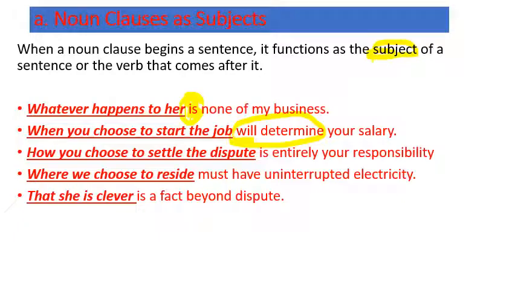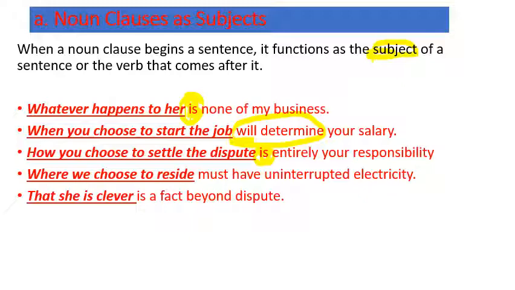I hope it's clear for you. The next one: how you choose to settle the dispute is entirely your responsibility. So you see that when the noun clause occupies the subject position, it comes before the main verb.